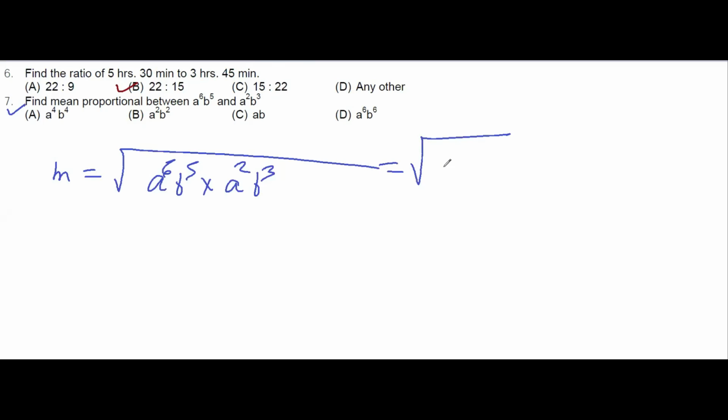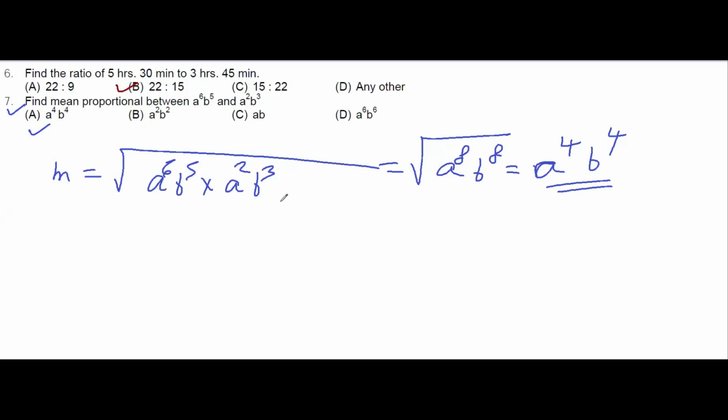That will be nothing but a to the power of 6 plus 2 is 8, and then 5 plus 3 is again 8. So this will be a to the power of 8, b to the power of 8. Square root of this is a to the power of 4 and b to the power of 4. So the answer is A. Got it?